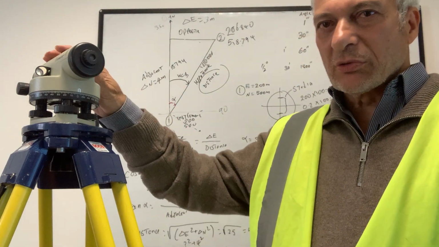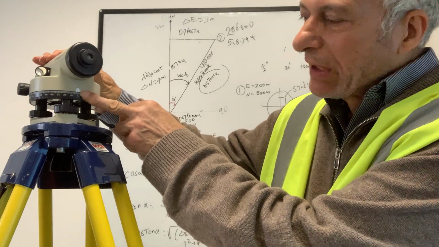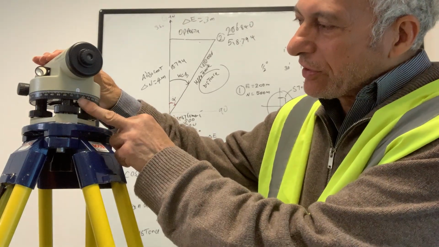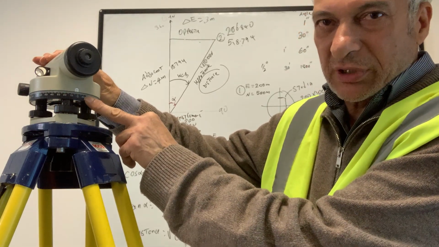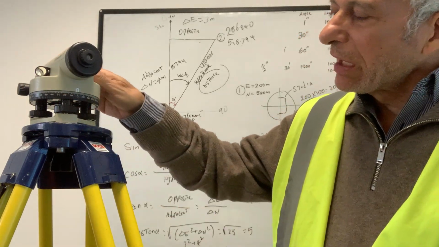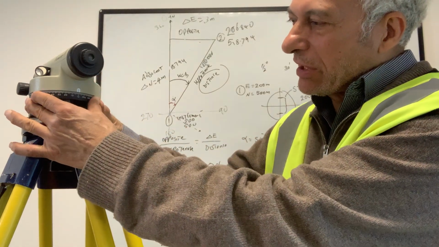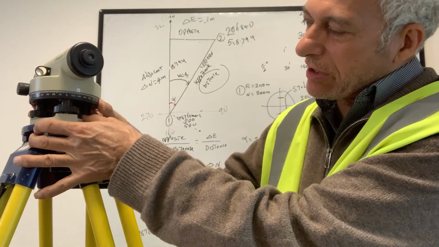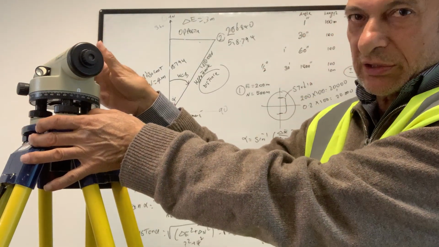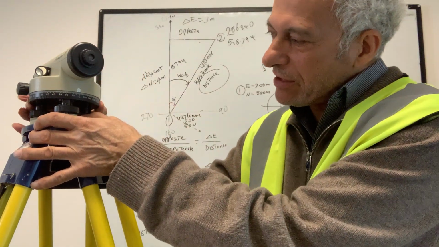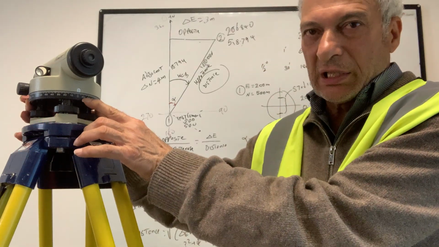Now, the way it used to work is that in here you have a line, and you've got angles starting from 0, then it goes to 10, 20, and it goes all the way back to 360. You could align it with 0 degrees, and then you can turn this angle as well to bring it in line. So you can sight to your target to where you want to be 0. Then you turn this angle and bring it to 0 to line up.